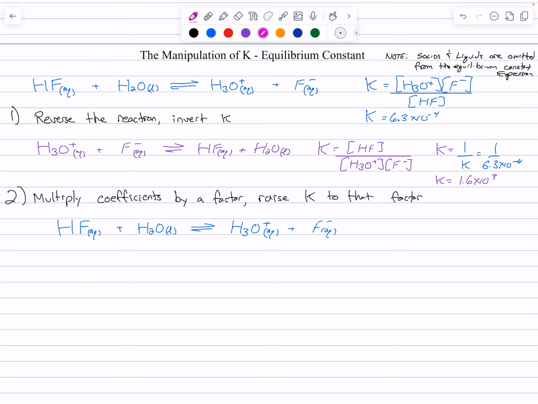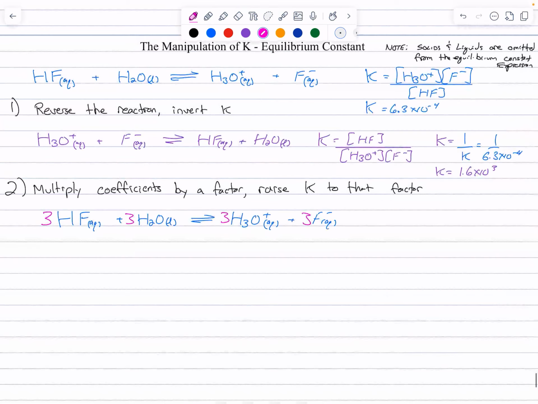If we put a 3 in front of this, K now is hydronium to the third power, fluoride to the third power, because everything's to the third power, and HF, hydrofluoric acid, to the third power.